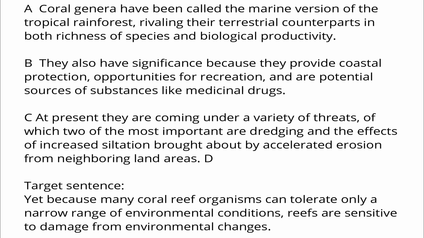Where does this sentence best fit? Yet, because many coral reef organisms can tolerate only a narrow range of environmental conditions, reefs are sensitive to damage from environmental changes.